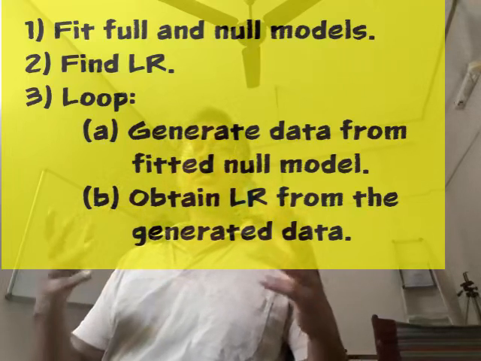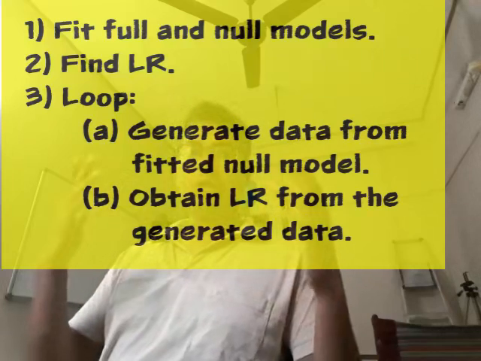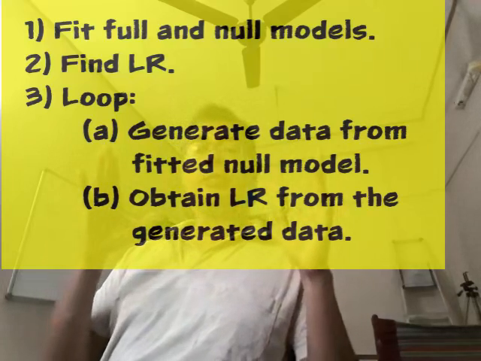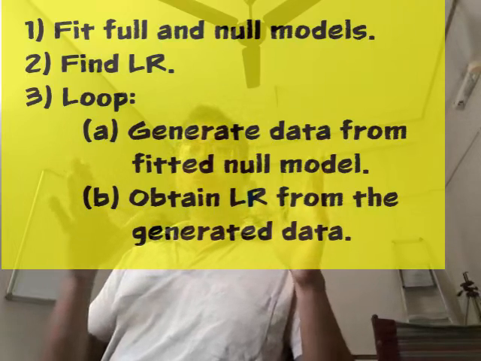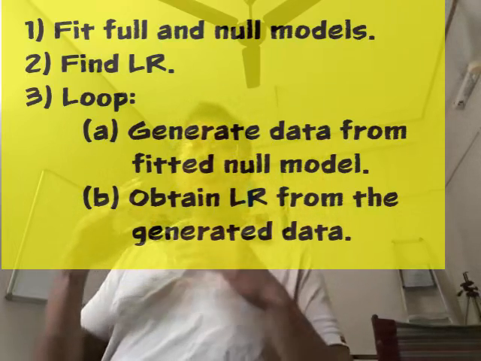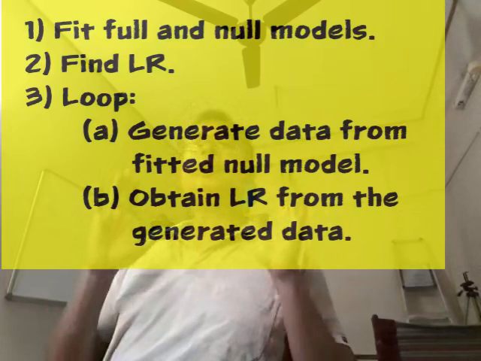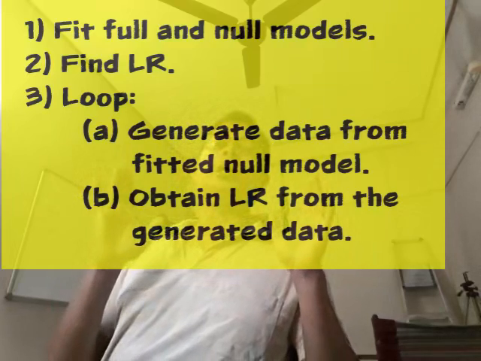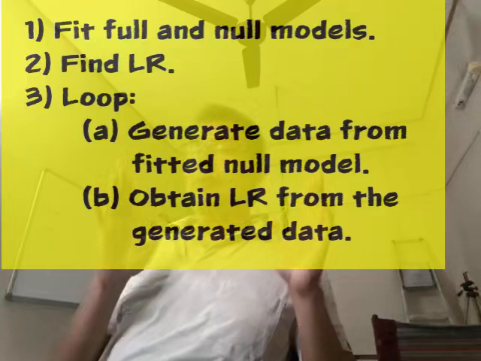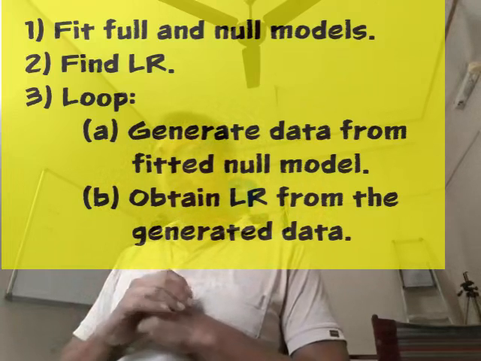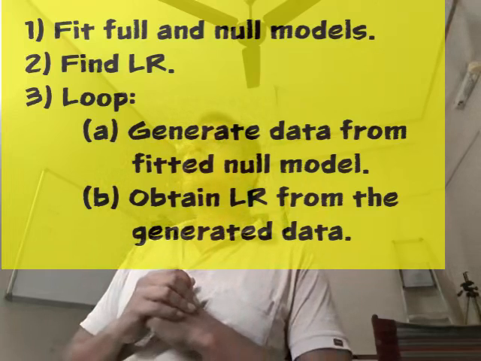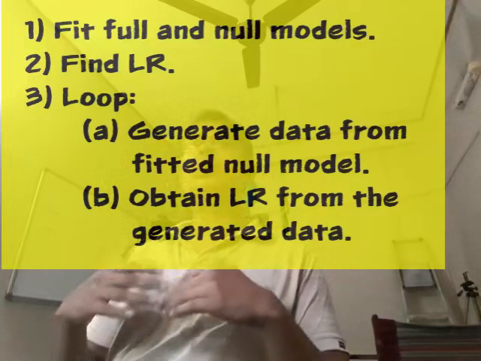Since you generate data from a fitted model, it is called a bootstrap. And since you have used the model, you are not doing it merely by resampling from the original data. That is why we call it parametric bootstrap.